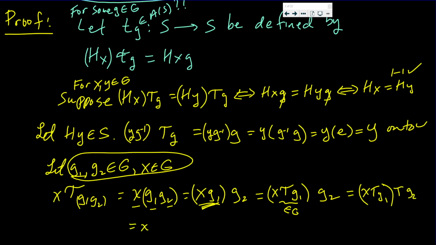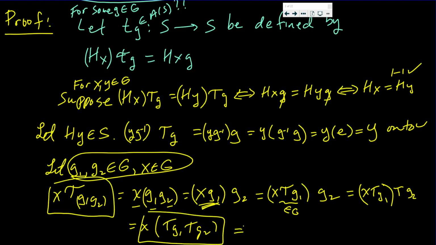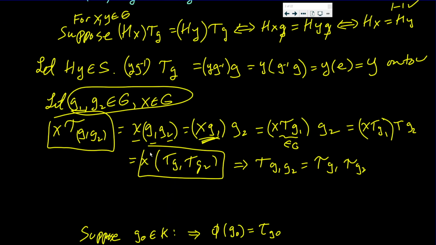But that equals Hx acted on by tau g1, then tau g2. Well, if this is equal to this, that implies that tau g1g2 is tau g1 times tau g2. And that's pretty good.